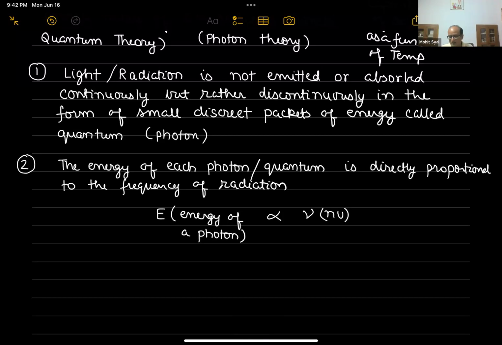So similarly, the energy of a photon or a particle of light is proportional to the frequency of the radiation and is independent of its intensity.